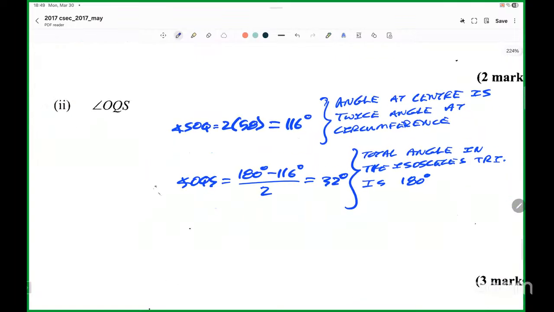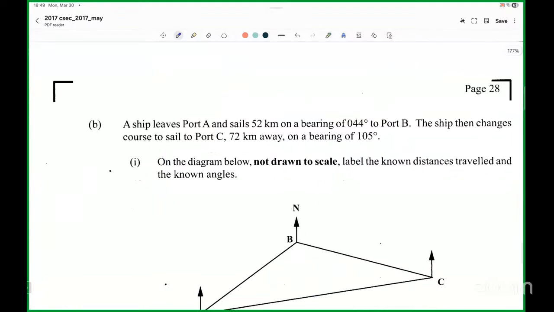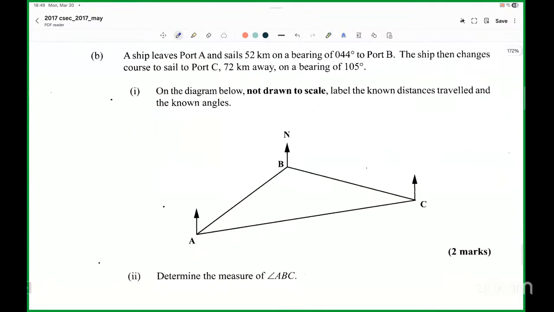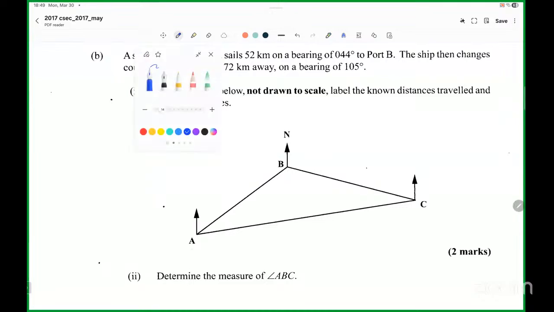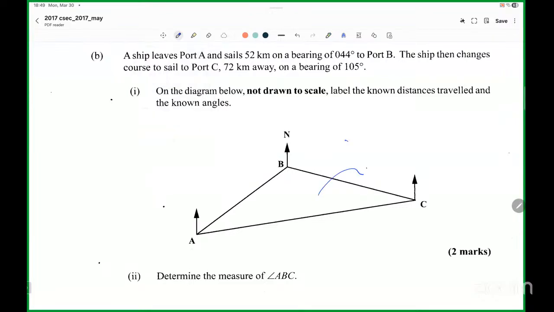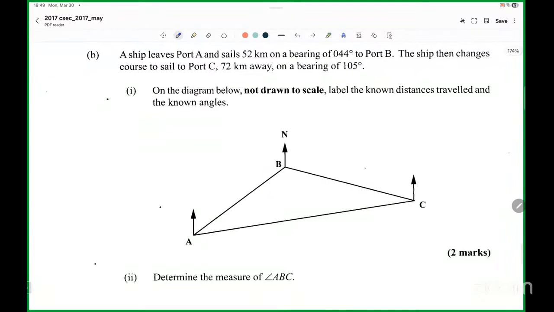And down here now, a different question. This now is bearings. The question says a ship leaves port A, that's here, and sails 52 kilometers on a bearing of 044 degrees to port B, that's here.